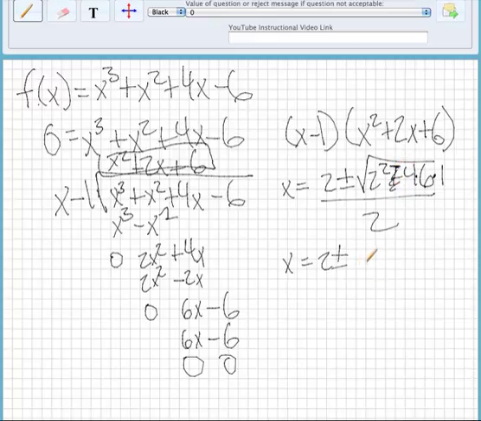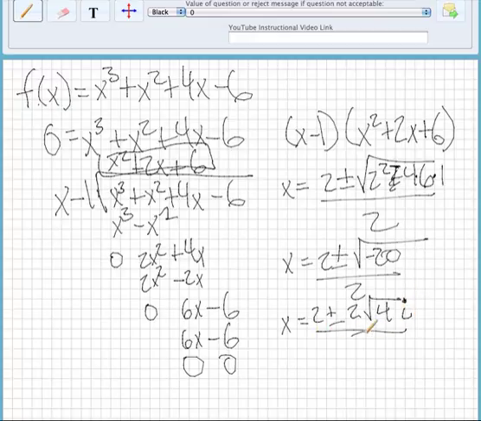So it's going to be the square root of 24 is over here in 2. It's going to be negative 20 over 2, and then x equals 2 plus or minus 2 root 4i over 2, and then you can just cancel out these 2's, and your x is going to equal 1 plus or minus square root 4i.